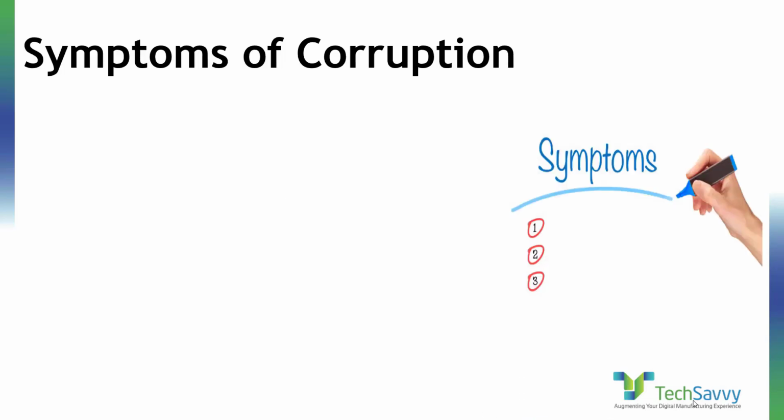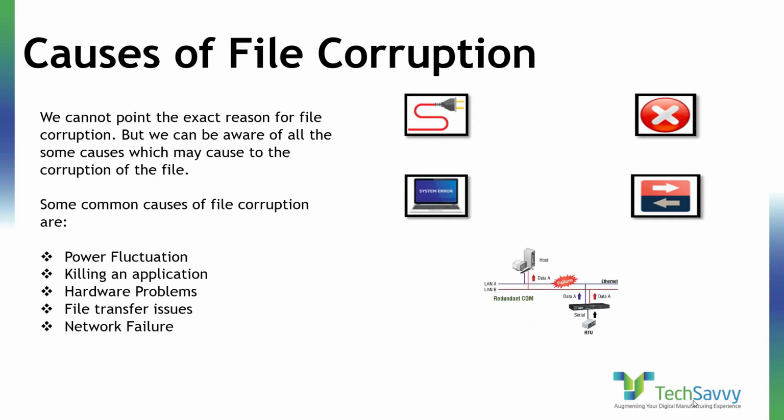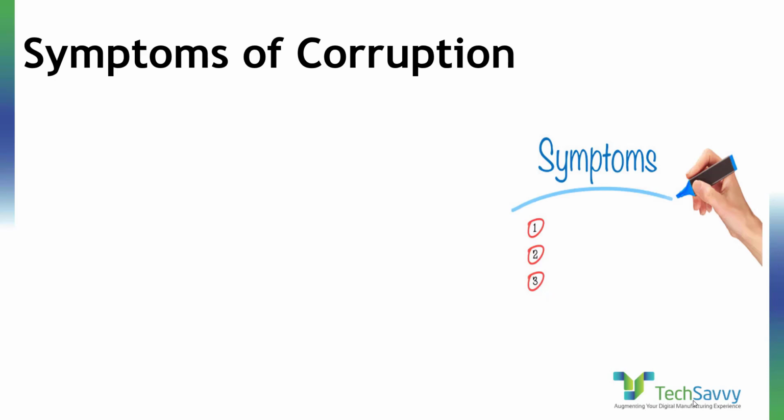So these are some of the causes you can face, and we should be aware of them. These five are the main causes of file corruption. Now moving on to the next, that is symptoms of corruption.